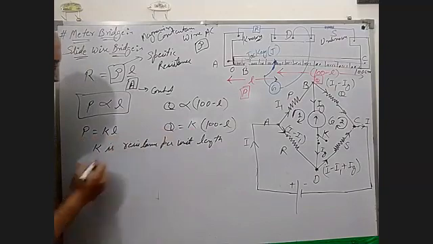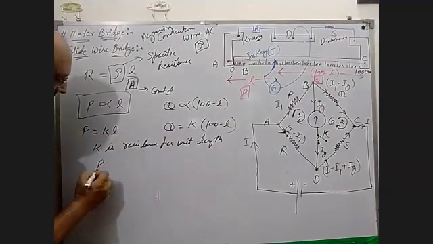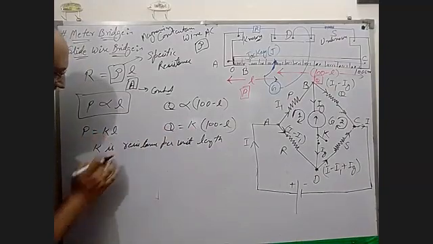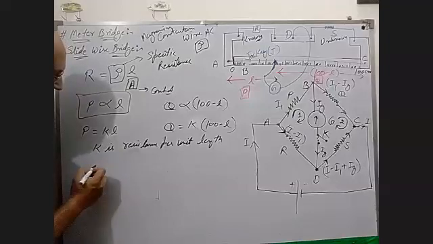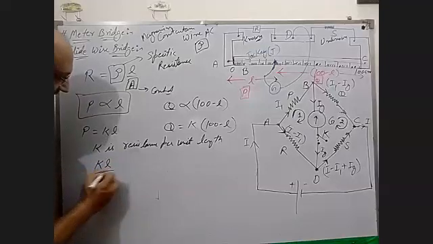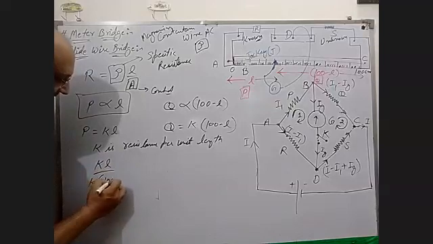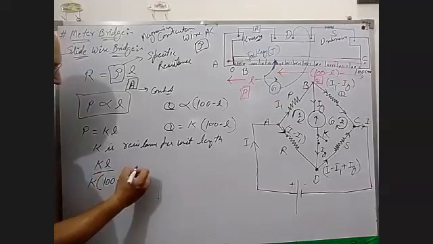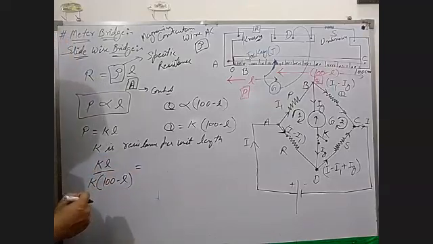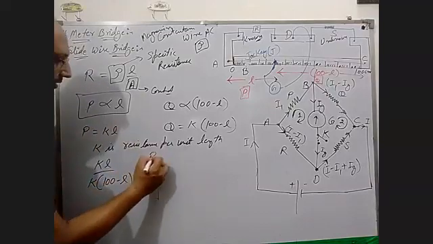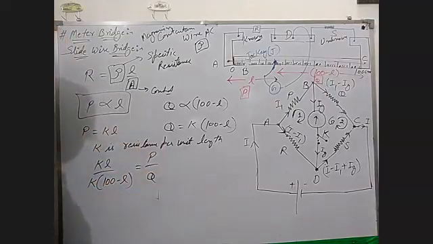Now P and Q. Take the ratio of this: K L upon K into 100 minus L is equal to P upon Q. Now K and K cancel.